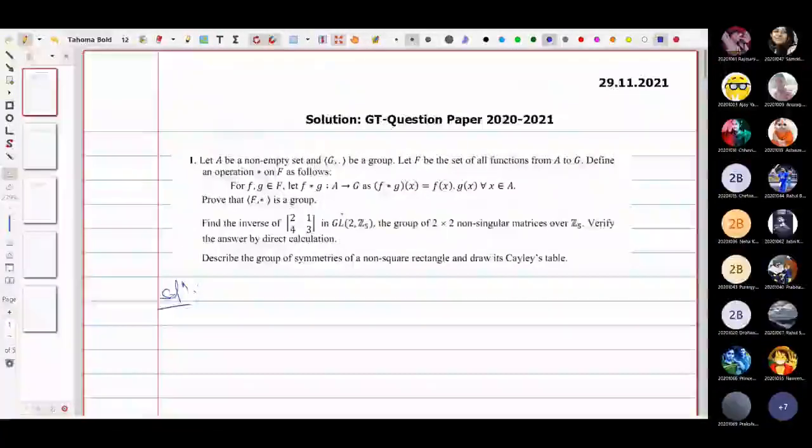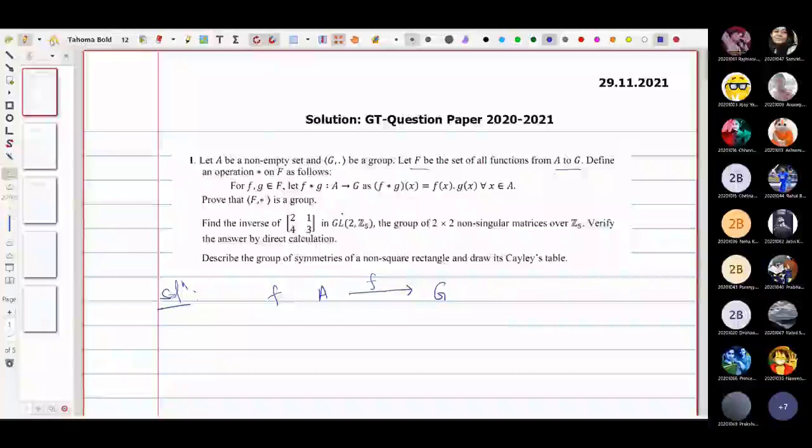They are telling us that A is a non-empty set and G is a group. F is the collection of all functions from A to G. So they are defining some function, small f, from A to G. Fine.